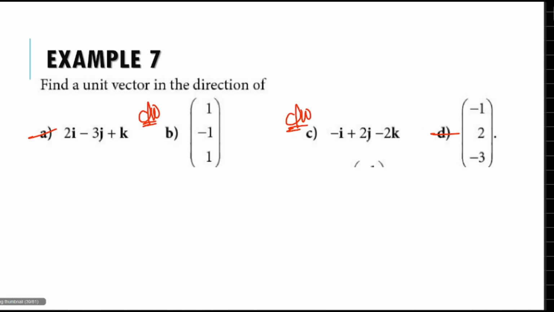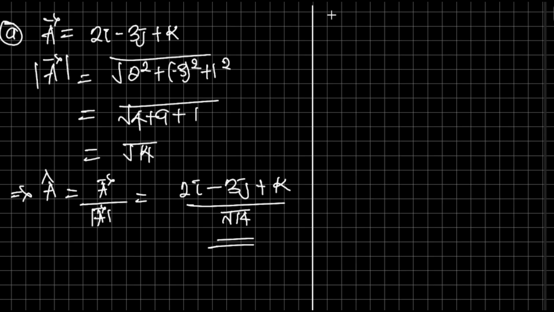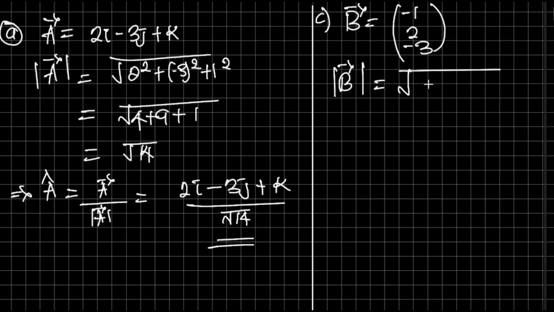Okay, so we have the other one, minus 1, 2, minus 3. So let's say vector B equals minus 1, 2, minus 3. So the modulus of B will be equal to the square root of minus 1 squared plus 2 squared plus minus 3 squared.